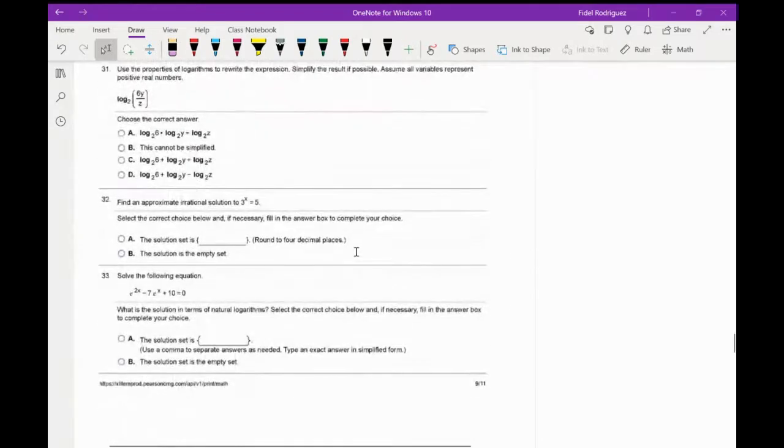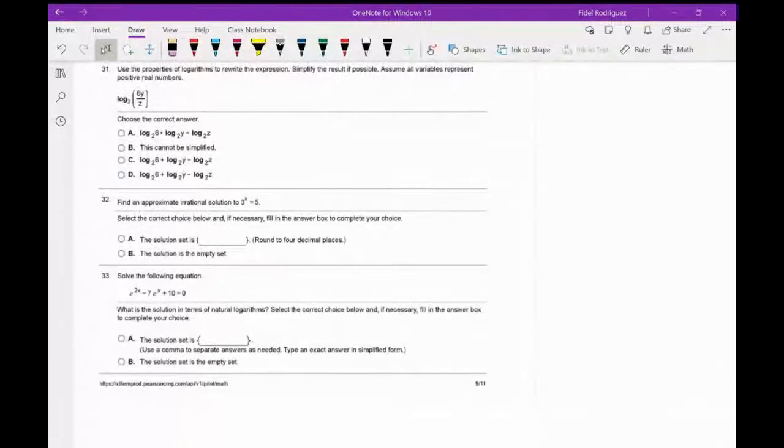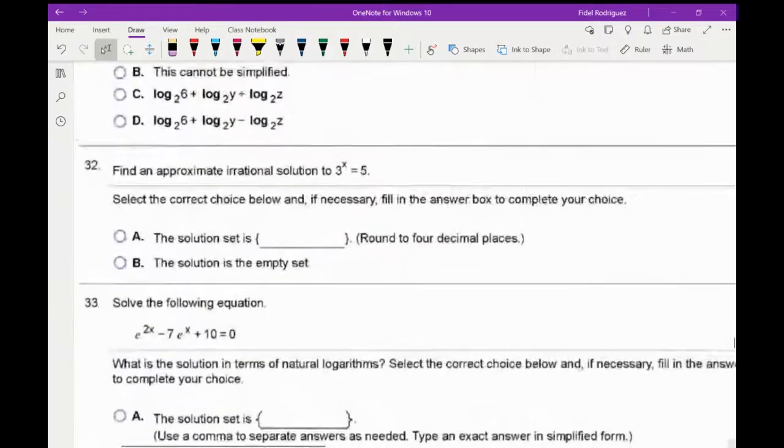Anyone have any questions about 31, 32, or 33? Anyone have any questions about any of these here, 31, 32, or 33? Thirty-two. Okay. So yeah, let's definitely do 32.